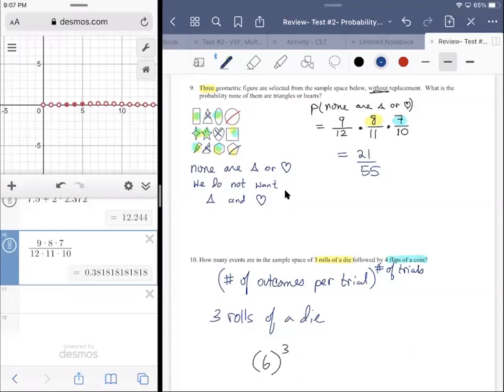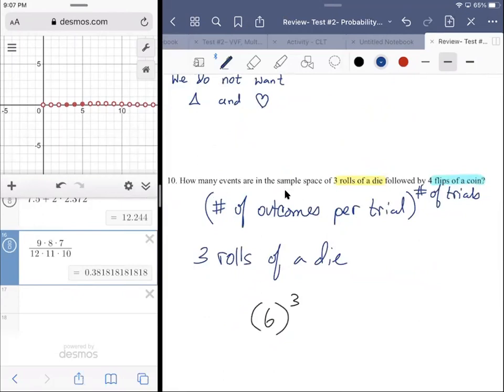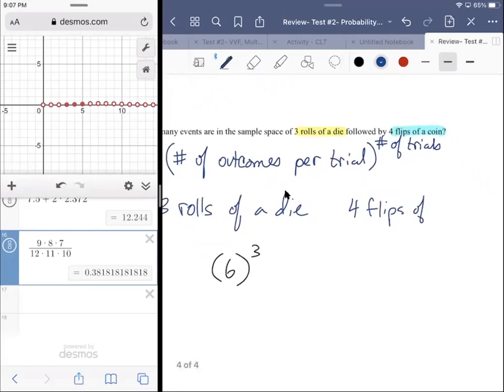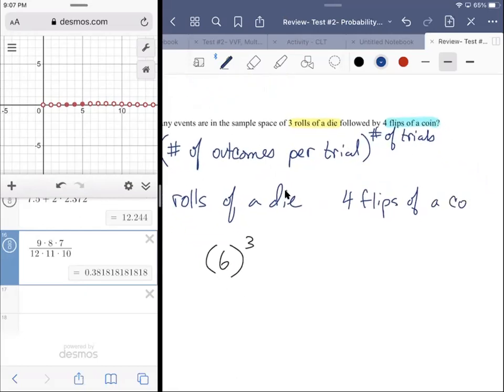But it's a pretty good thought. So we have 3 rolls of a die, and we have 4 flips of a coin. The followed by, again, means multiple events, so we're going to multiply again here.